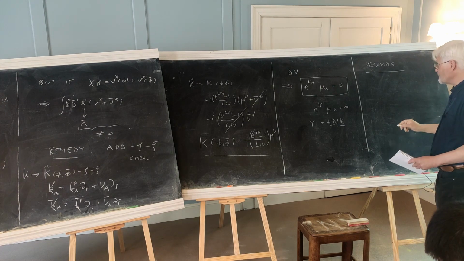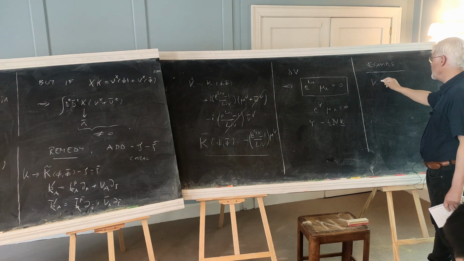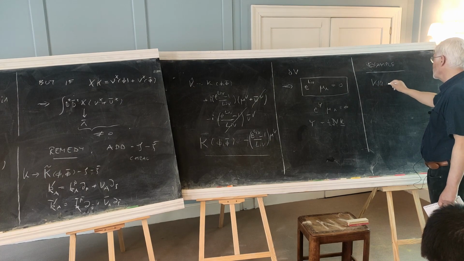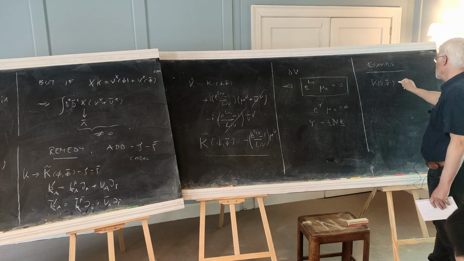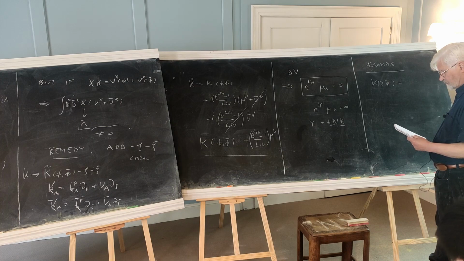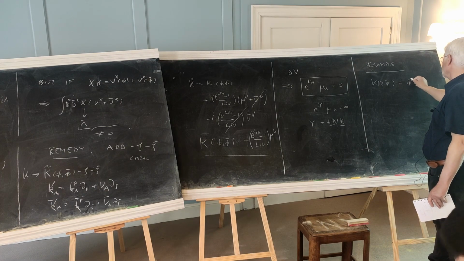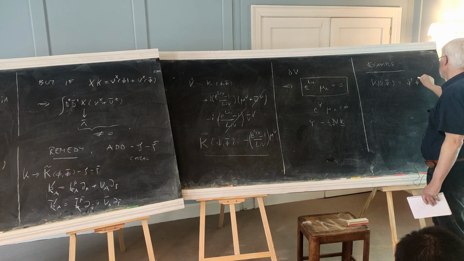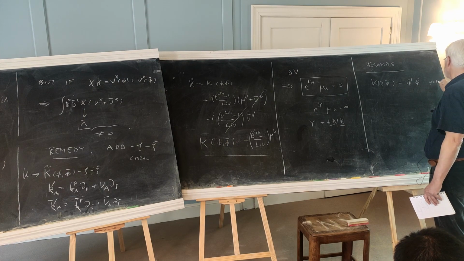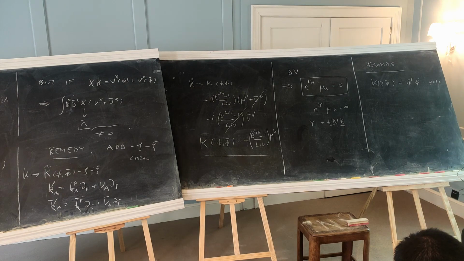So what we have is we start from a potential K of phi bar, which is equal to the thing that I've been using before, just a sum of two quadratic terms.